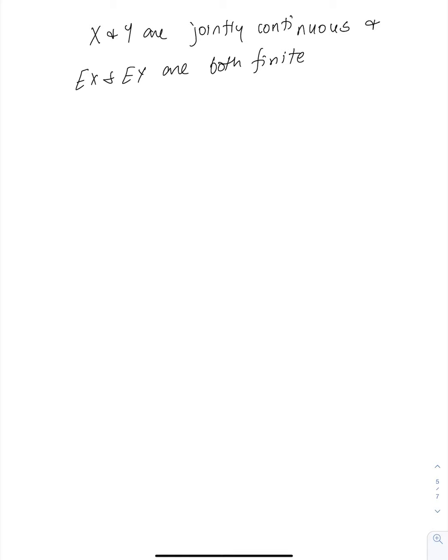If x and y are jointly continuous, okay, and you have that E of x and E of y are both finite, okay, and let g of x, y, that's a function of x and y, be x plus y.